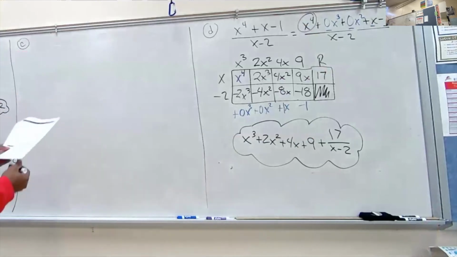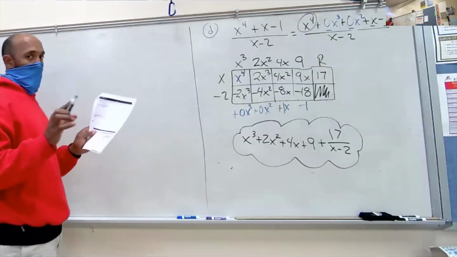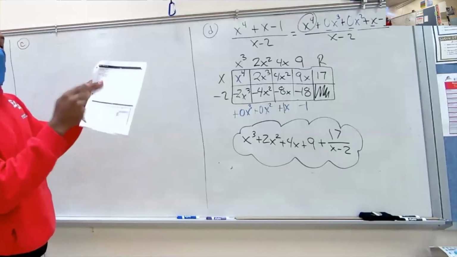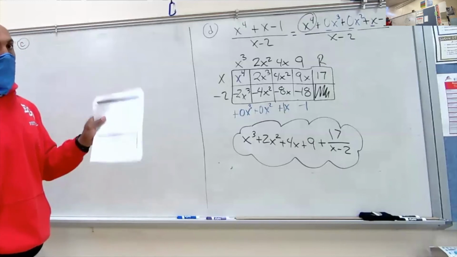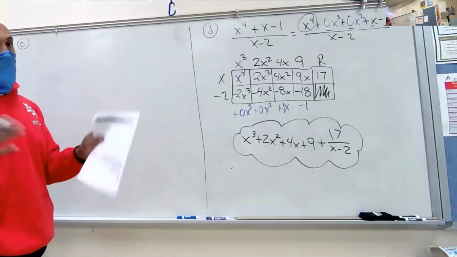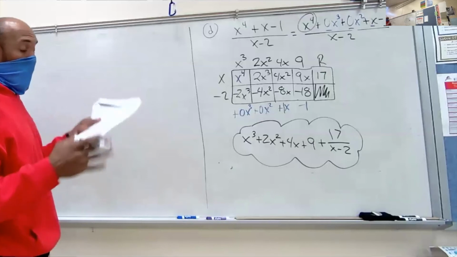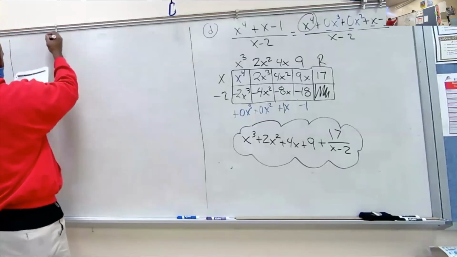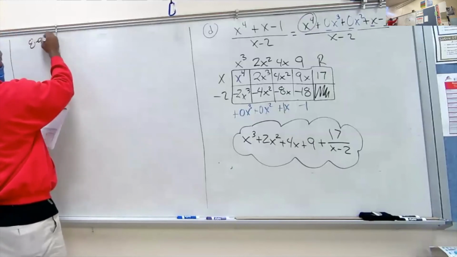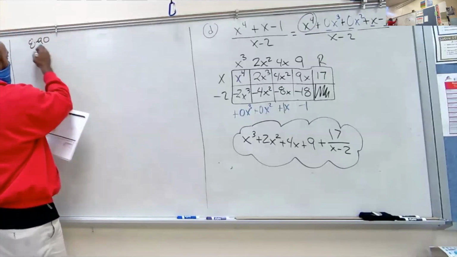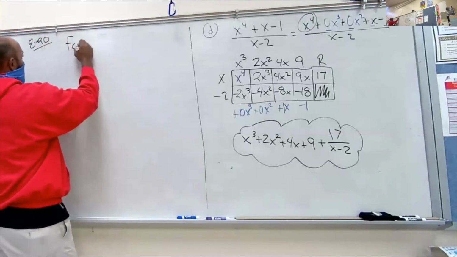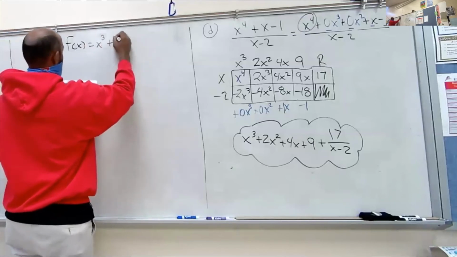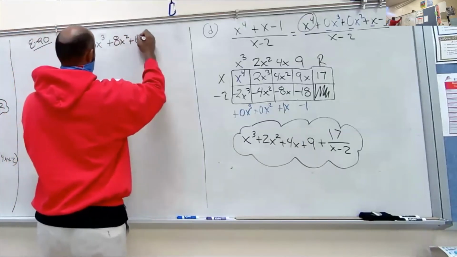Remember again, the one I'm showing you is different from what you've got. It says, given the puzzle below, what are all the x-intercepts? So here's the goal. It's going to give you a function, and it's asking you to find all the x-intercepts. You already have one of them. By the way, this is for 8-90. So here's a function: 8x cubed plus 8x squared plus 18x plus 9.